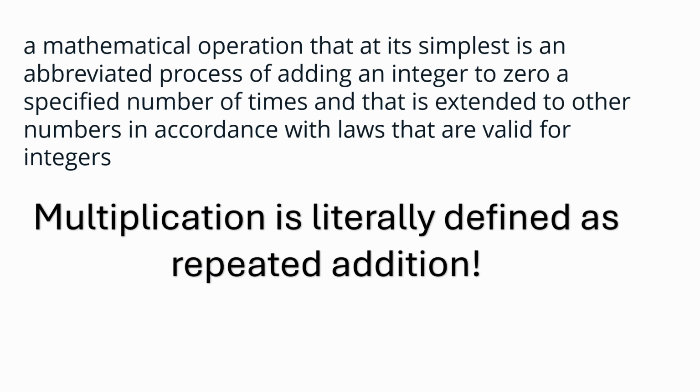Basically, it's saying multiplication is literally defined as repeated addition. What's 5 times 5? 5 times 5 is the same thing as 5 plus 5 plus 5 plus 5 plus 5. Well, it sure is a whole lot easier to say 5 times 5 than it is for me to sit here and add 5 times.